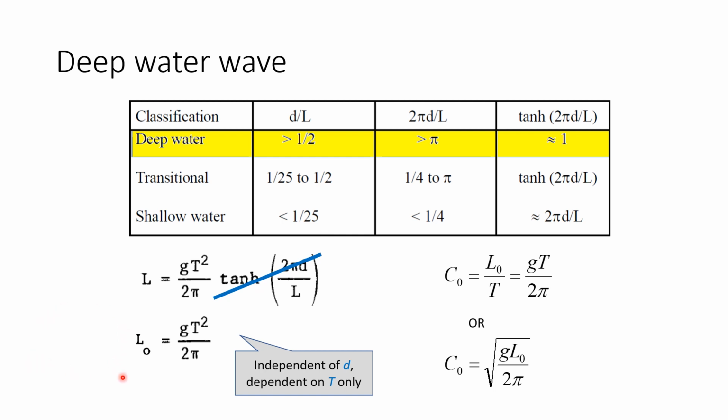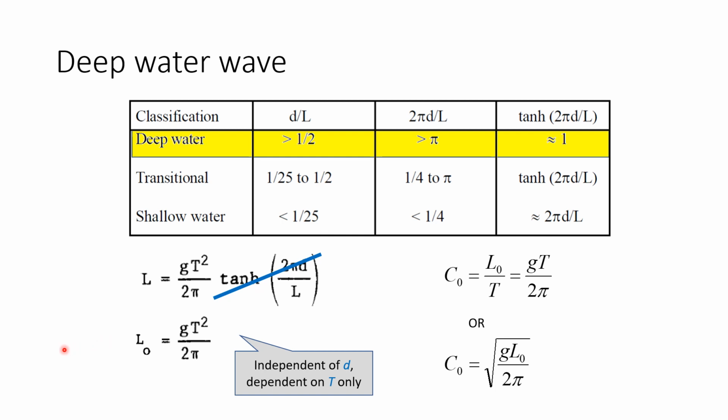Now what this tells us is that in deep water, the wavelength depends only on the wave period and is not dependent on the water depth. That's because in deep water, the wave doesn't even interact with the seabed, so the water depth is not important, and so the wavelength depends only on the wave period.